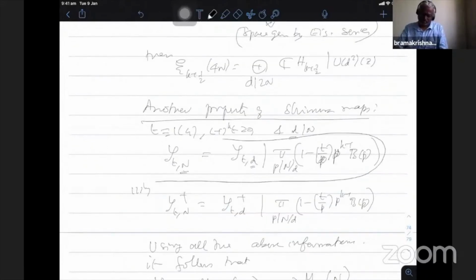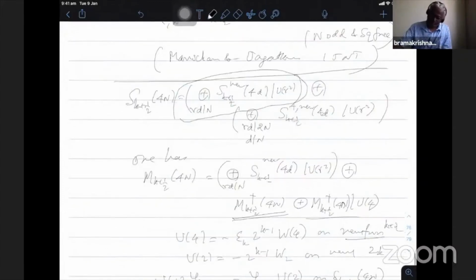Using this property, when I take the new forms of level d, if I apply the nth Shimura map, then use this identity because of the new forms coming from the lower level, that belongs to the kernel of this function. Therefore, they also belong to the kernel of S_{t,n}.